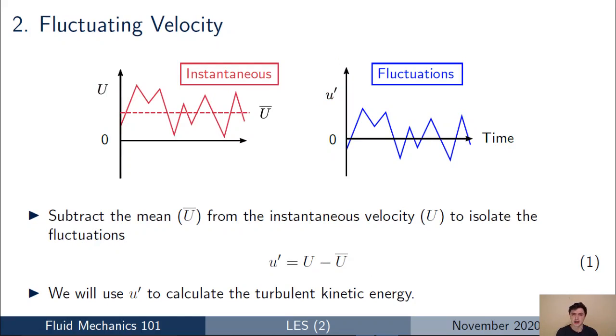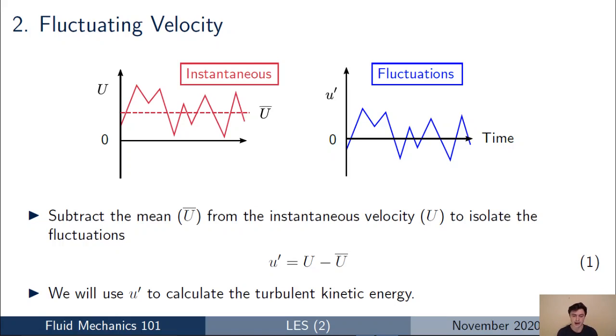So if we just think back to that point probe measurement that we have for the velocity field, this will help us to understand the fluctuating velocity. So if you look at the figure on the left, that's the fluctuating velocity at a zoomed in location in the point probe. And what we do is we get the CFD code to calculate the mean velocity, which is given by that dashed line you can see in red there.